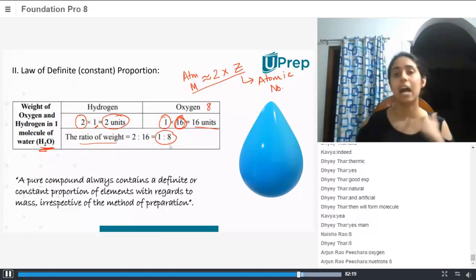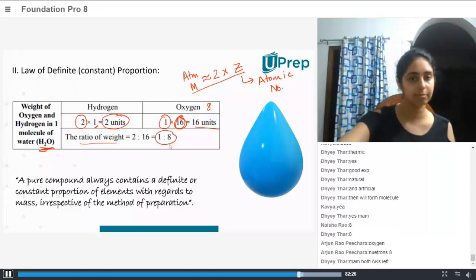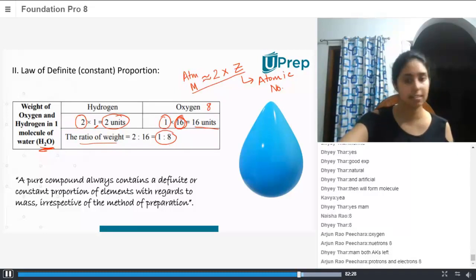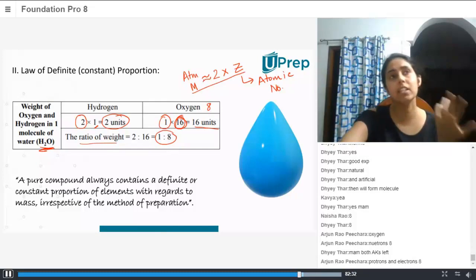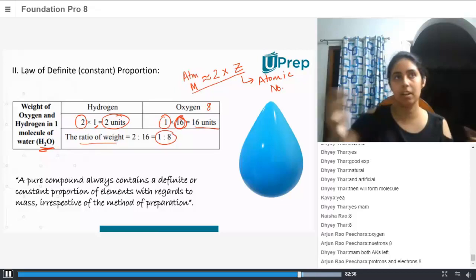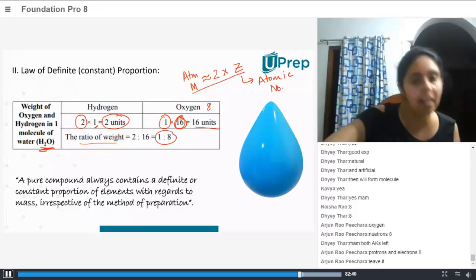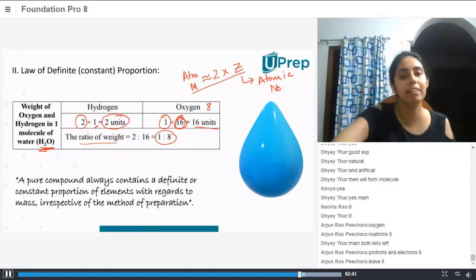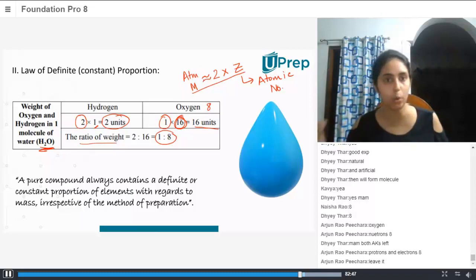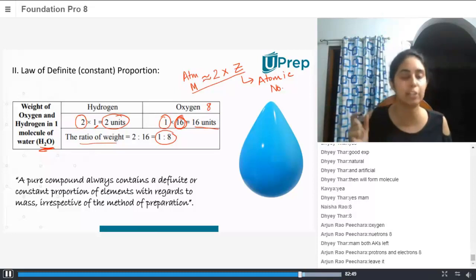Even if it's dirty water, let's say water combined with sand, and I take out water from that dirty water, it's still going to be H2O. The water molecules will still be the same.